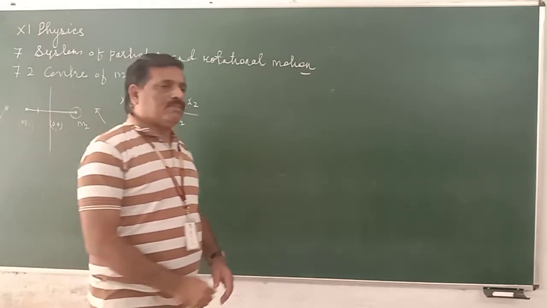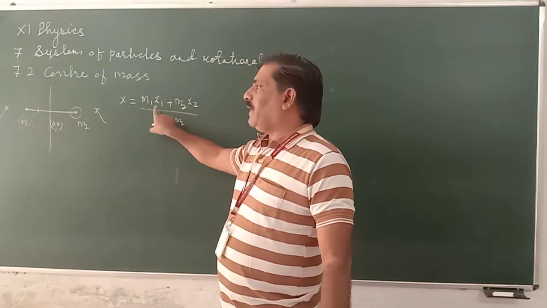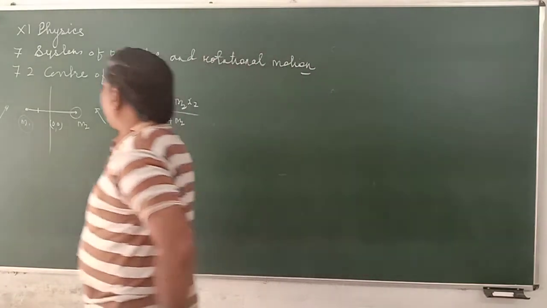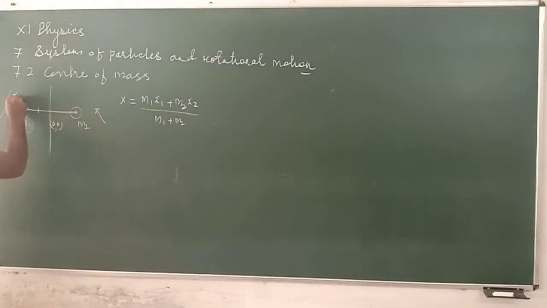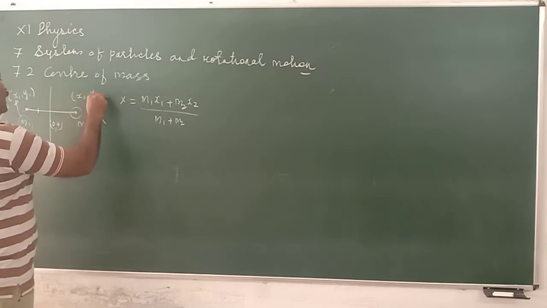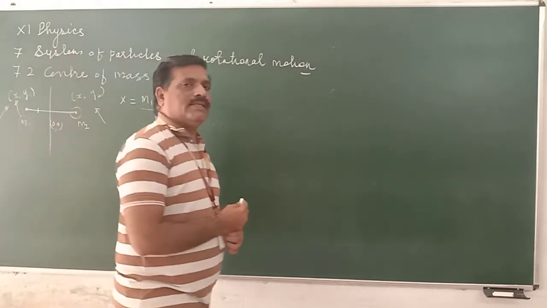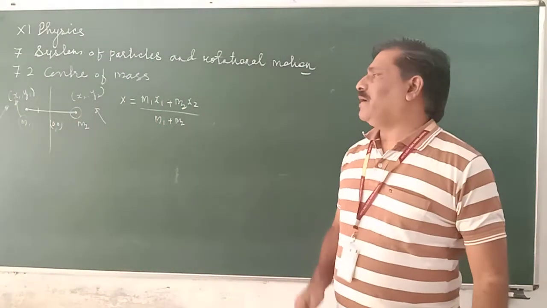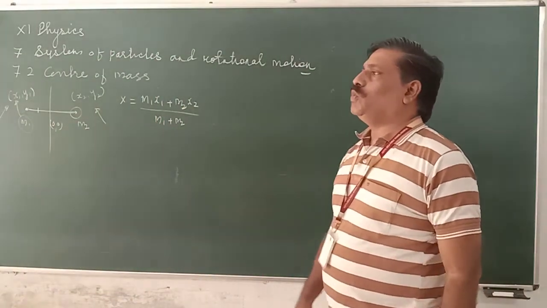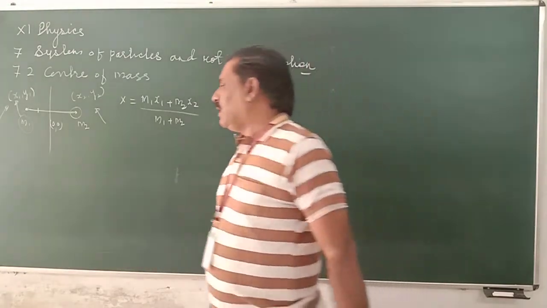The x coordinate of center of mass is given by m1 x1, where x1 is the x coordinate of m1, plus m2 x2, where x2 is the x coordinate of m2, divided by m1 plus m2.